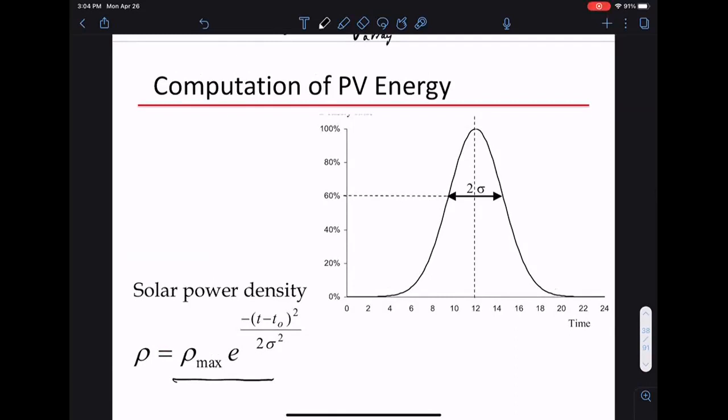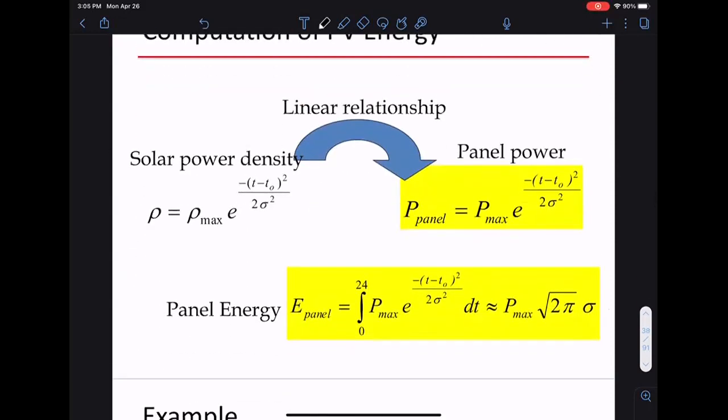The total energy is you basically integrate over this Gaussian. Instead of doing this integral exactly, we'll just give you the result.